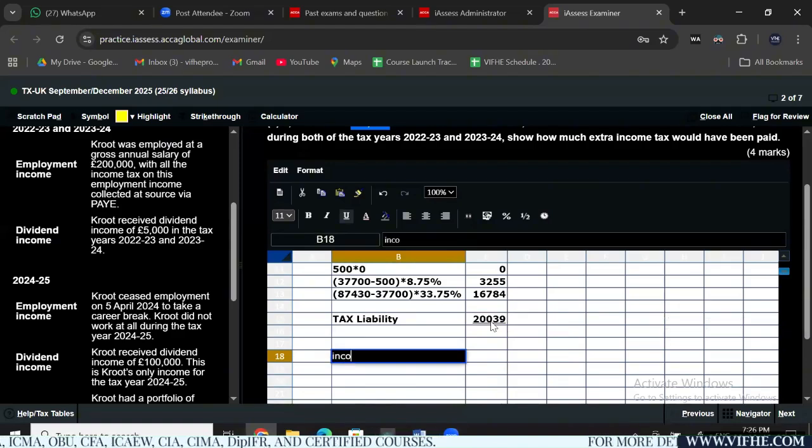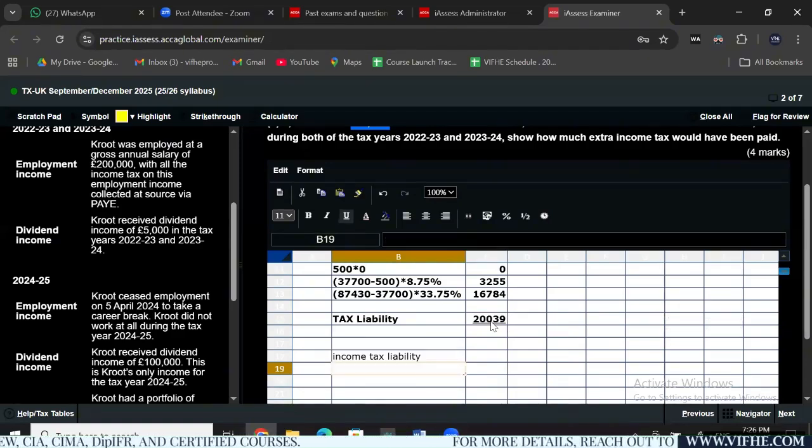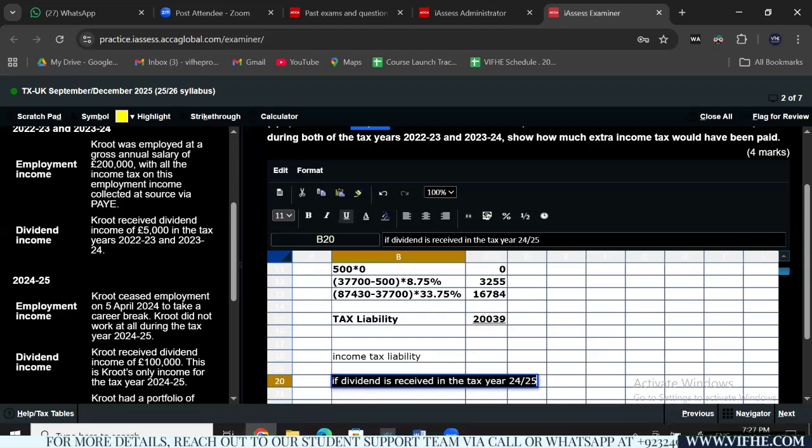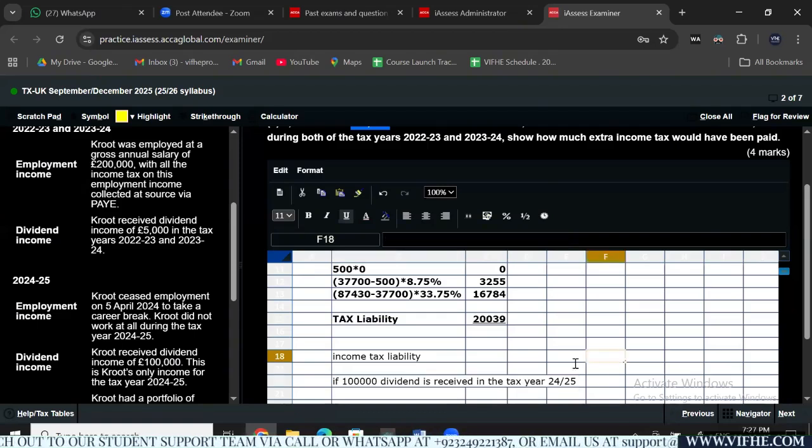So, the income tax liability if £100,000 dividend is received in the tax year 24-25, what will the figure for tax be?